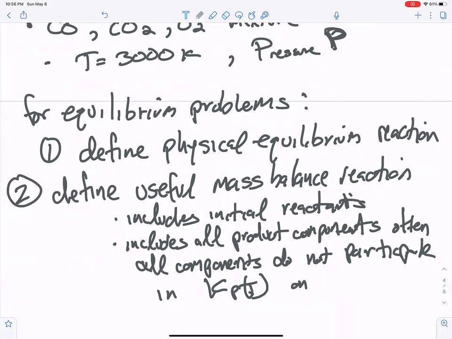It's in there only because you have to find the mole fractions in many cases.